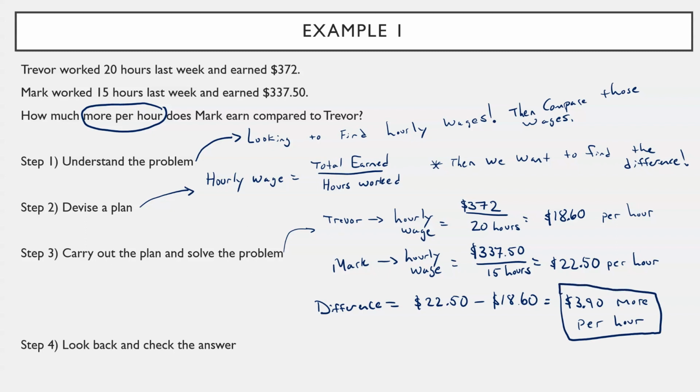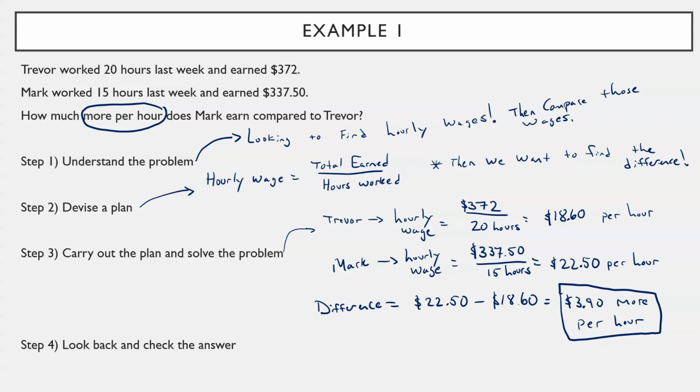All right, so now, step 4, let's look back and check and see if this makes sense. So remember, the problem said, how much more does Mark earn? And we can see just by looking at the values we calculated, Mark does indeed earn more. You can simply check your work by multiplying 15 hours by $22.50 and confirming that, yeah, indeed, Mark did make $337.50. The same with Trevor.